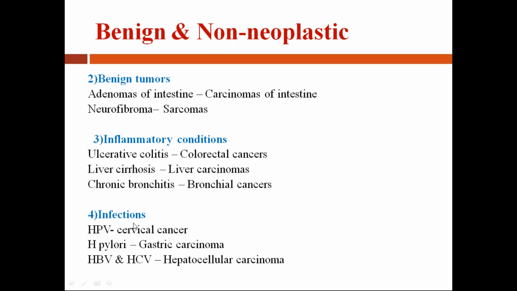Now infection: I already explained about human papillomavirus, an oncogenic virus, as an etiological factor in cervical cancer, and hepatitis B and C virus in liver cancer. And there's one more, which is a bacterium, not a virus: Helicobacter pylori. It is implicated in the pathogenesis of gastric cancer.